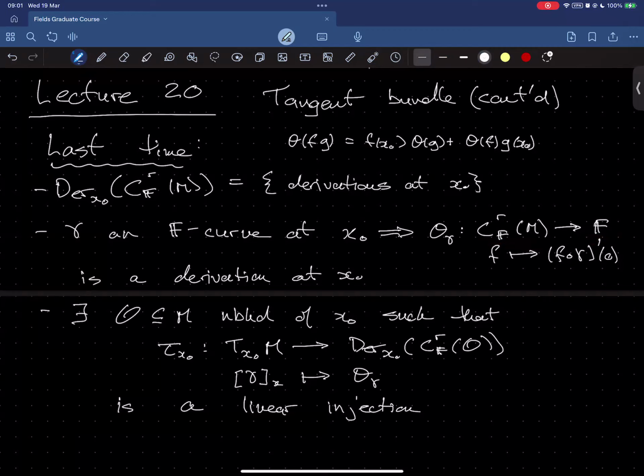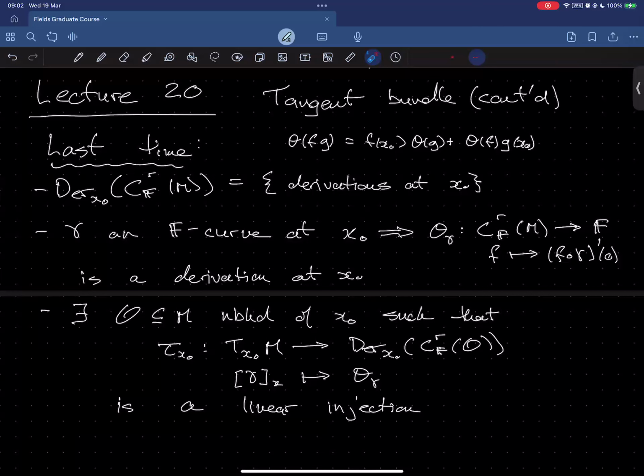So what we showed was that first of all, this thing is a vector space in a natural way, and then what we spent the last part of our lecture on Monday doing was understanding the relationship between the tangent space and this space of derivations.